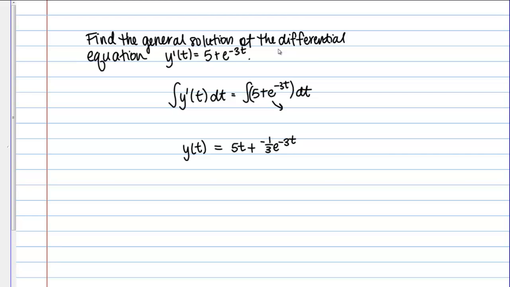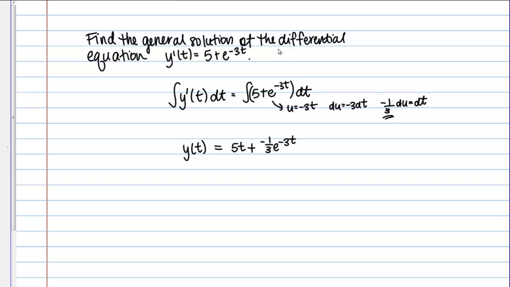Or alternatively, you could think of it as a u-substitution. So just really quickly, if I were to let u equal negative 3t, then du, the derivative, would be negative 3 dt. Or I could write that as negative 1/3 du equals dt. So that's where this constant of negative 1/3 comes into play.